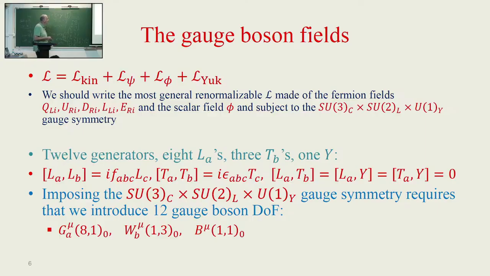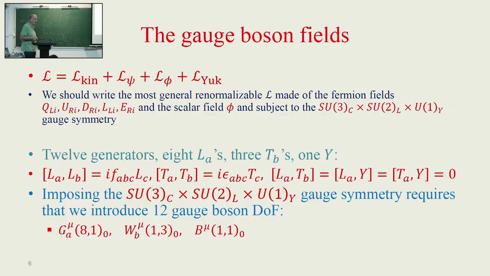The symmetry has 12 generators. The 8 generators of SU3, the 3 generators of SU2, and the single generator of the U1. For SU(n), the number of generators is always n squared minus 1. So 8 generators for SU3 and 3 generators for SU2. This is the algebra of SU3, the commutation relations of the generators.